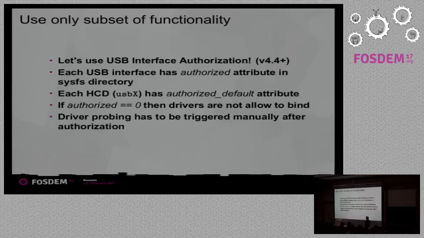Well, it's pretty much the same as device authorization, but now for authorizing the interface, we go to the interface directory, and after authorizing the interface, we have to trigger driver probing for our interface. Why? Well, some functionalities need more than one interface. So before you start probing a driver for that functionality, you need to authorize both of them.